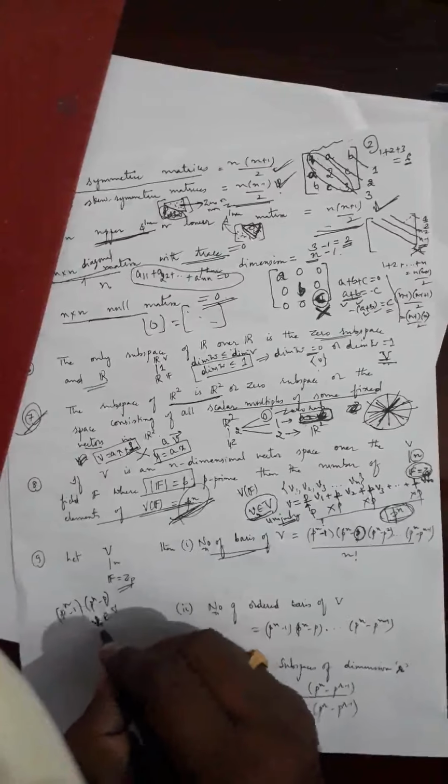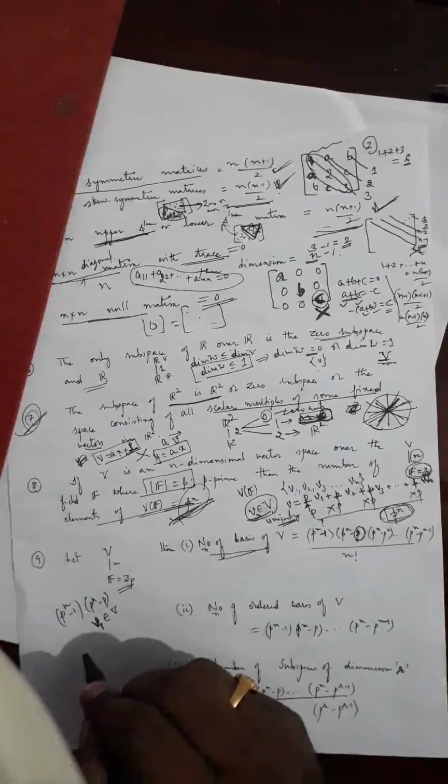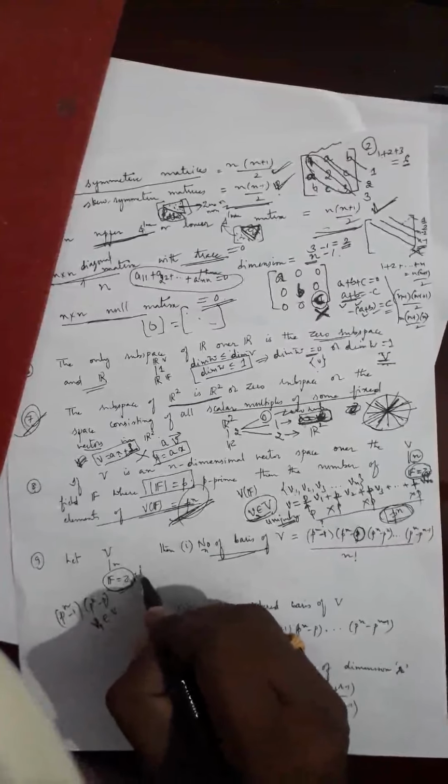See, if instead of alpha I say some V itself, V1. V1 is a vector in the vector space V. I can find scalar multiples of this. How many such scalars are there? That many scalar multiples I can find. How many scalar multiples are there from the field Zp? That means it has 0 bar, 1 bar, 2 bar, likewise P minus 1 bar.